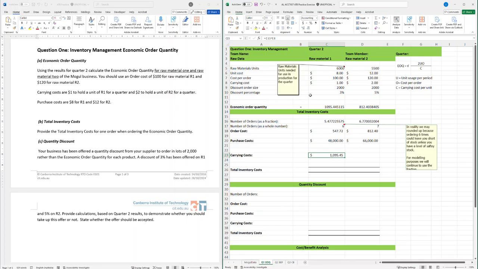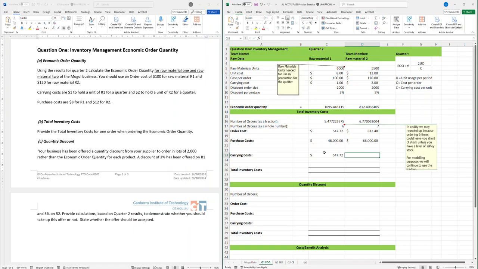The reason is, we think about it as at the beginning of the order, you will have 1,000 units. The unit you're carrying is 1095 units. Assuming you sold everything by the end of the period, you will have zero. So your actual carrying cost should be an average cost, which is the beginning plus zero, divided by 2 times C8.